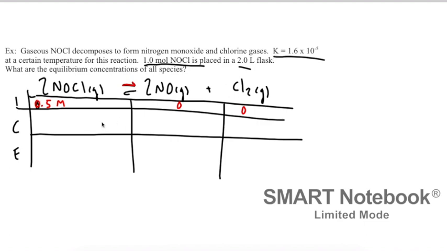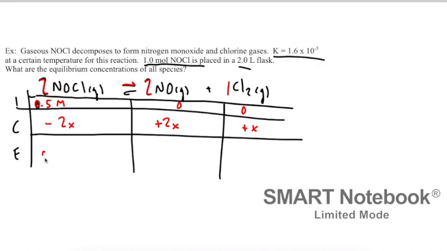So I know that the reaction will proceed to the right. So I'm going to lose reactant, create product, and think about your X values. For every 1 chlorine I make, I'm going to be making twice as much NO, and I'm going to be consuming twice as much NaOCl. You just bring those coefficients straight down.